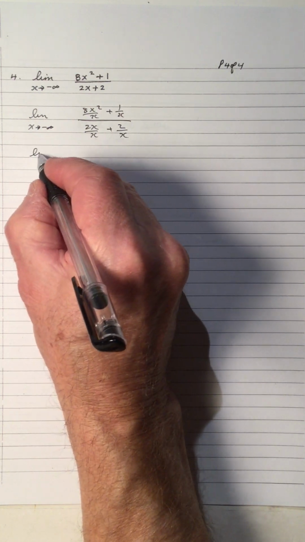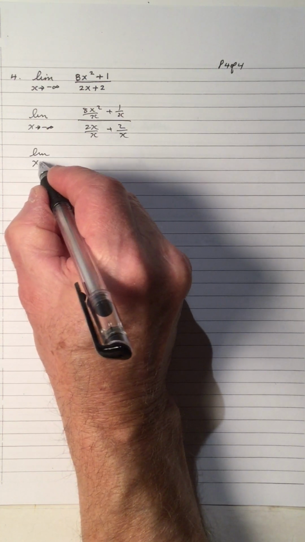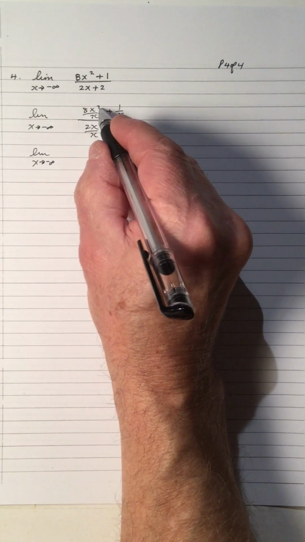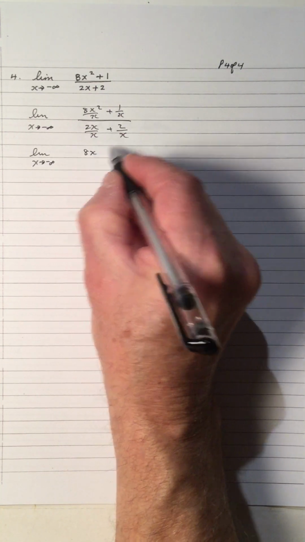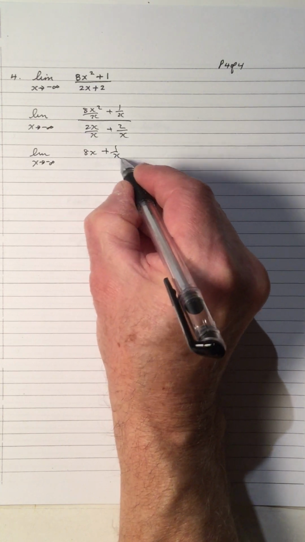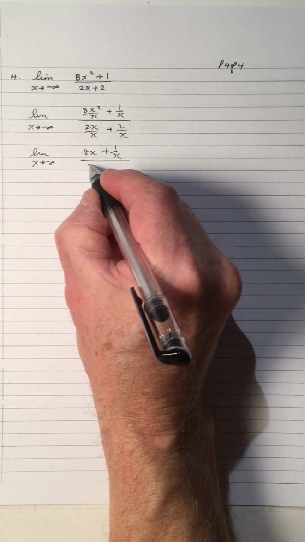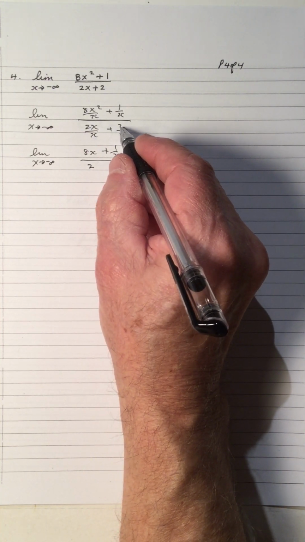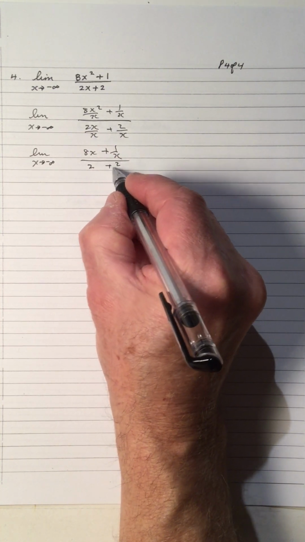So let's simplify that. We have 8x squared divided by x is 8x, plus 1 over x. 2x divided by x is 2, and we have 2 over x, can't simplify.